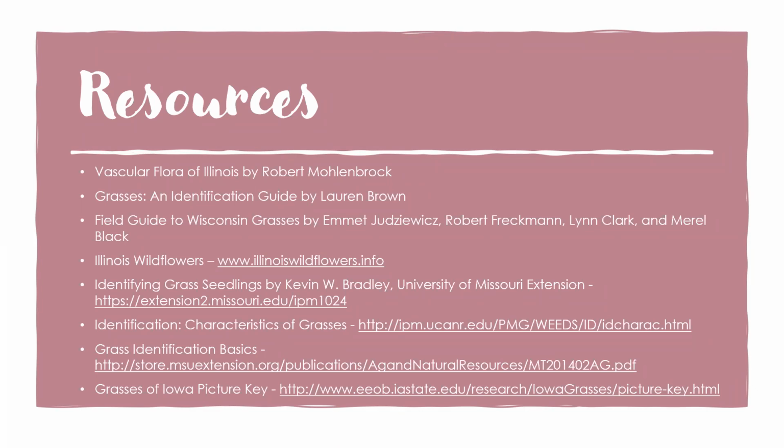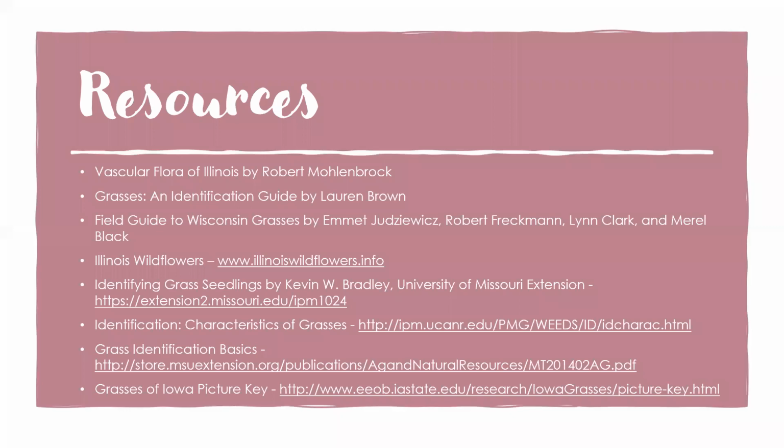In a lot of the grass descriptions, though, they do use those more technical descriptions of the spikelets. So I wouldn't recommend that as your only resource, but it can be helpful in conjunction with some others. When I was a beginner, I got the Grasses guidebook by Lauren Brown.